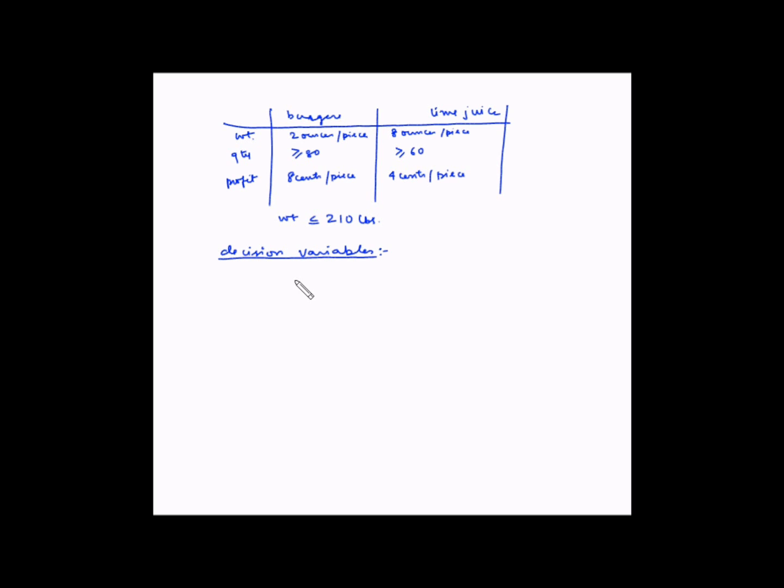So let X be the quantity of burgers and let Y be the quantity of lime juice. Here X and Y are the decision variables. Next step would be to determine the objective function.